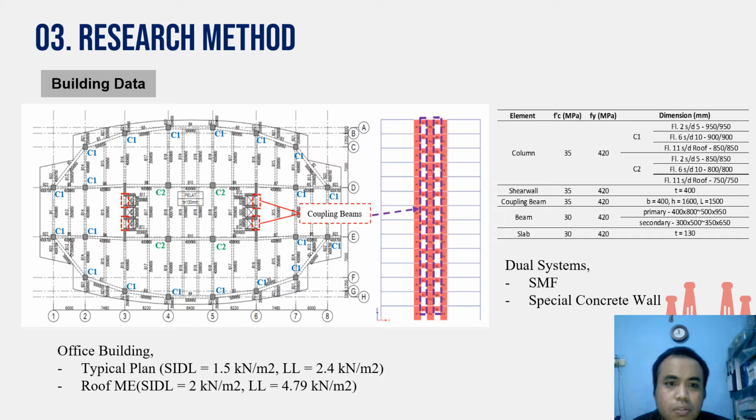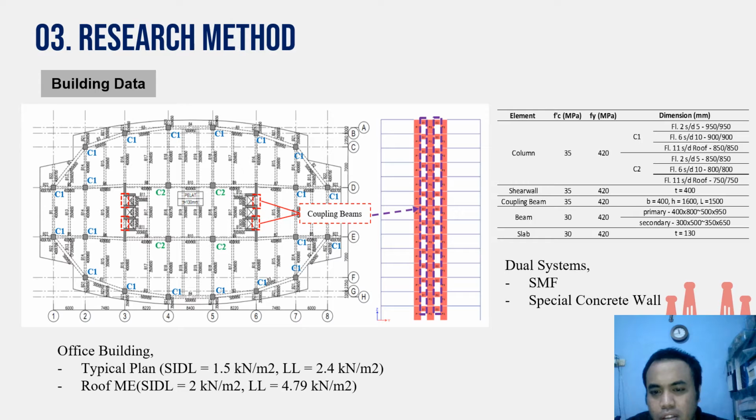The next slide is research method. The slide shows the building data that I use for modeling. This is a typical floor plan where the overall function is an office building. It can be seen in the table the strength of the material used and the position of the coupling beam as shown in the picture.